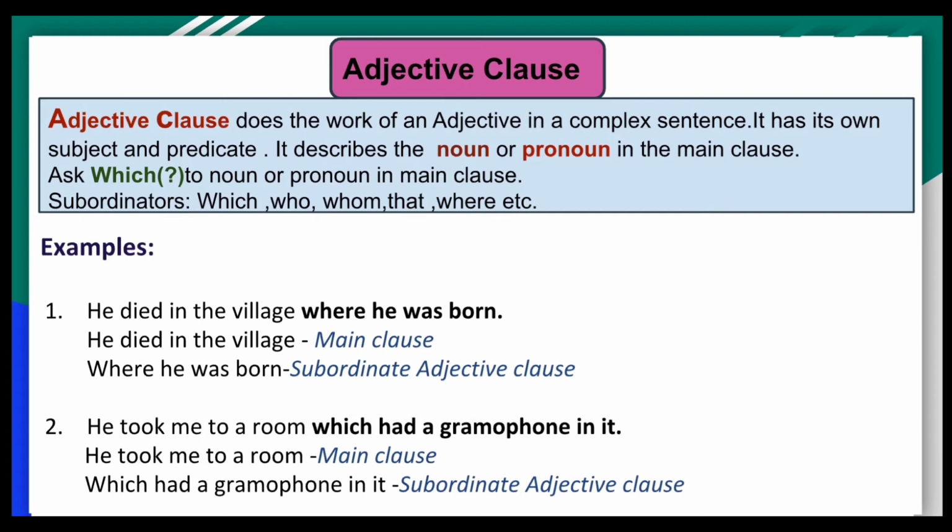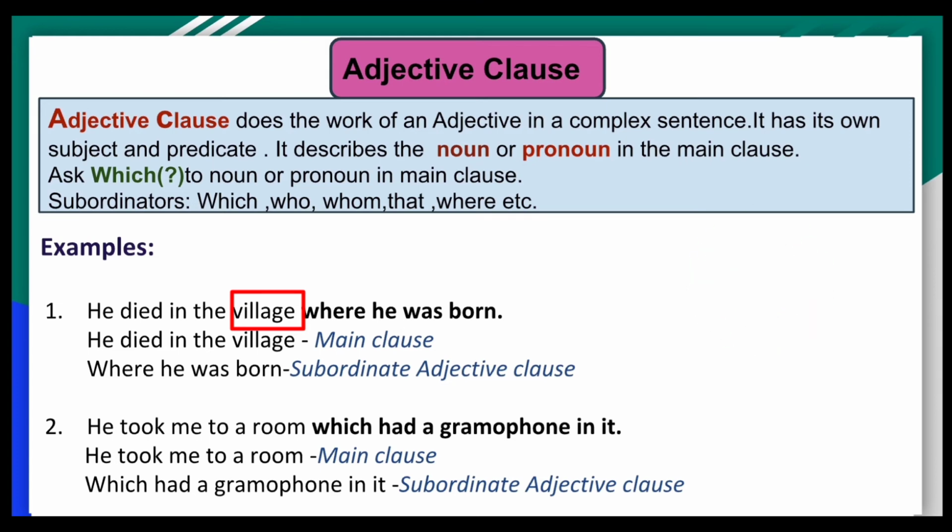In this sentence, he died in the village is your main clause. Where he was born is your subordinate clause. And before your subordinate clause, we can find the noun village. Which village? Where he was born. So where he was born is your subordinate adjective clause.